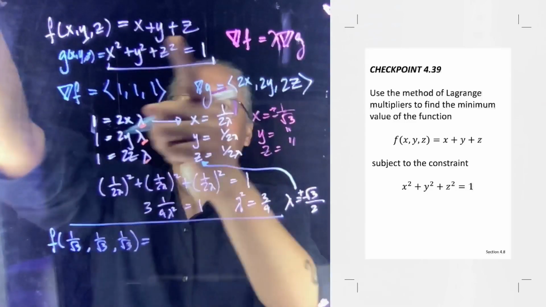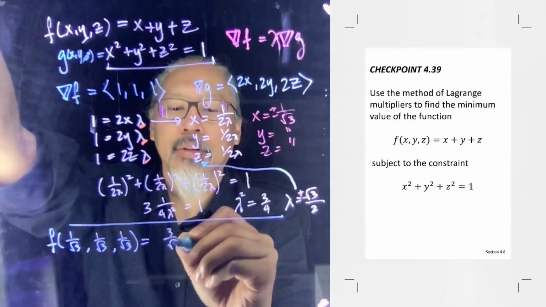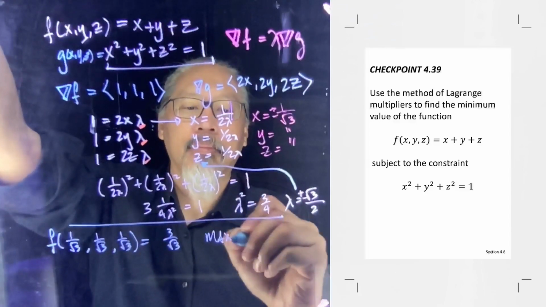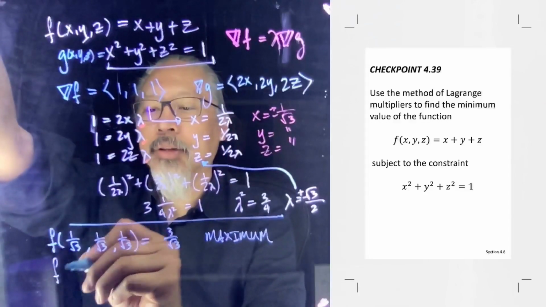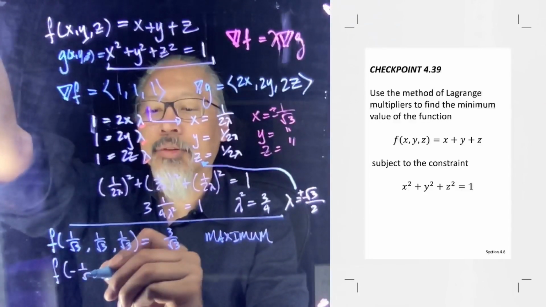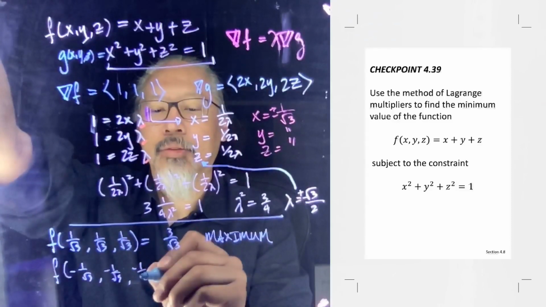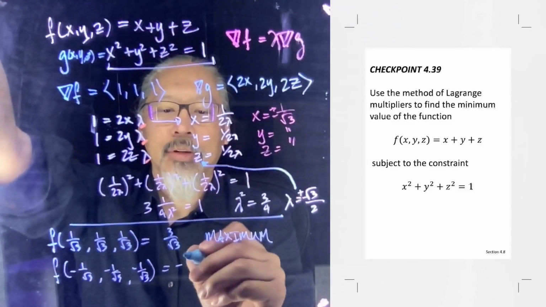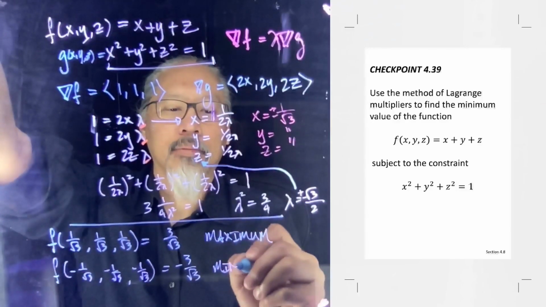Adding them all up, there's going to be 3 of them, 3 over root 3, and this is going to be your maximum. Then if we put in negative 1 over root 3 for each and add them all up, we'll get negative 3 over root 3, and this is going to be your minimum.